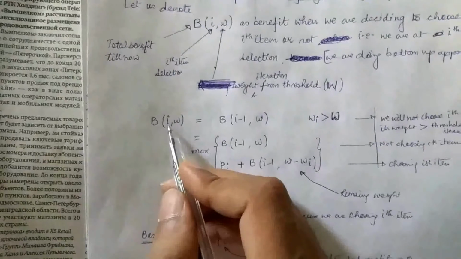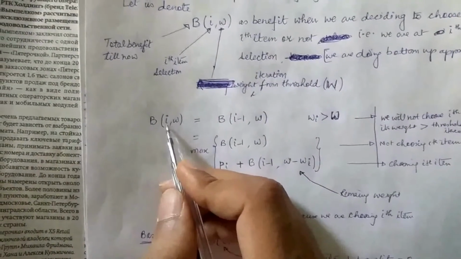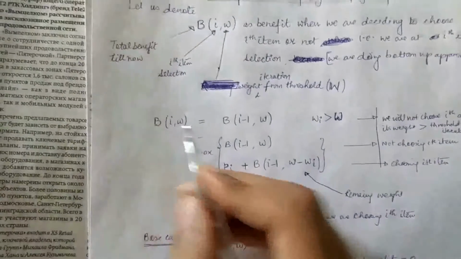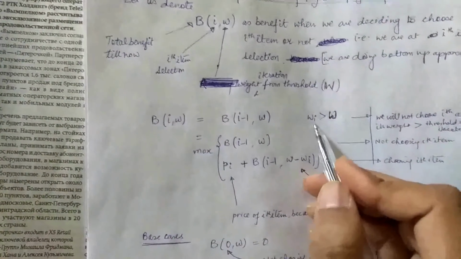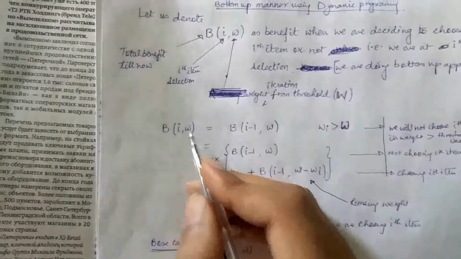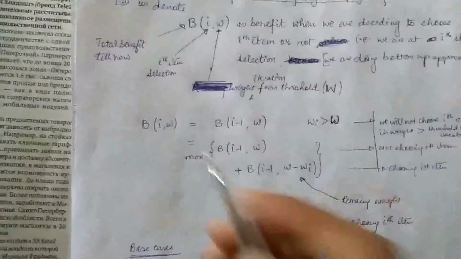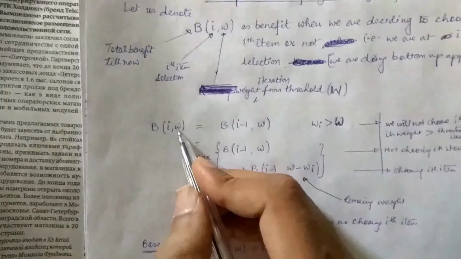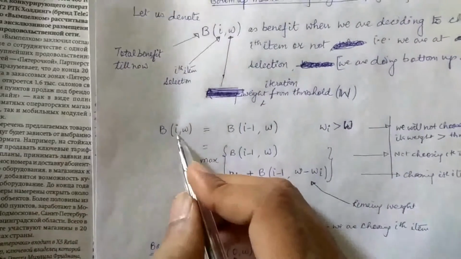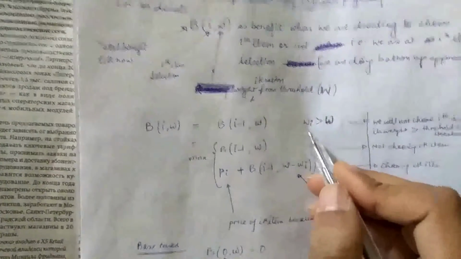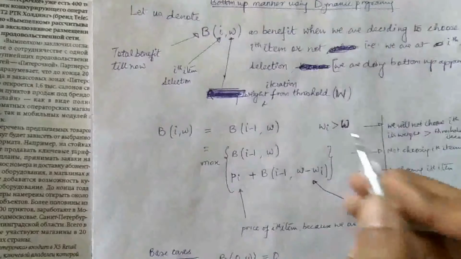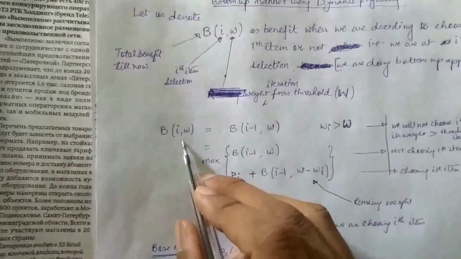So we need to check, we can only include this i-th item if the weight of this i-th item does not exceed this w. Right now my threshold is w and the weight we are going to include is the i-th. So what is the weight of i? It is wi. If it is greater than w, we will not choose this i-th item.